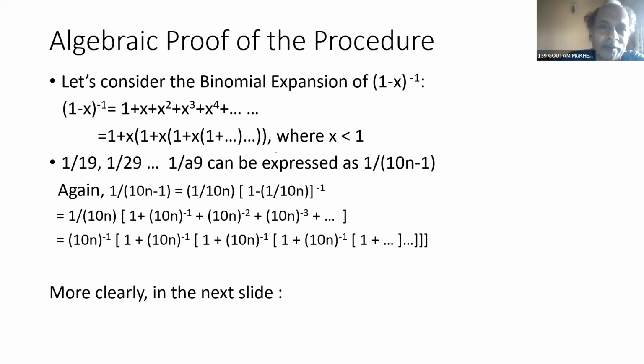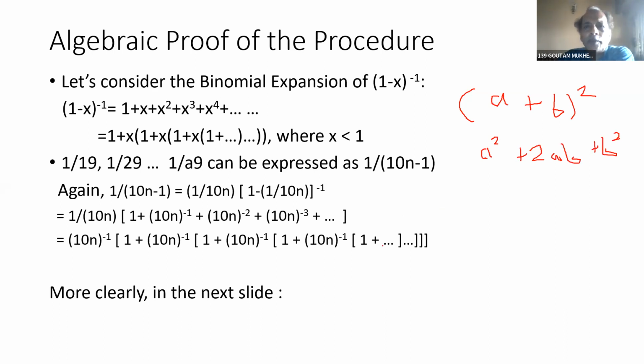But actually, this binomial expansion is basically a plus b whole square. Everybody knows, okay. So suppose I do 1 plus... You all know, no? a square plus 2ab plus b square. This is called binomial expansion.